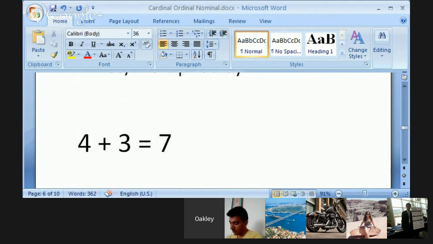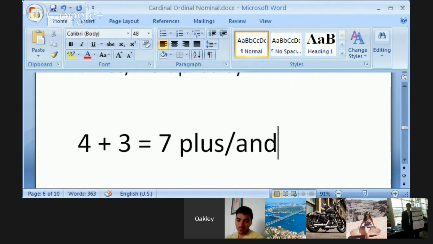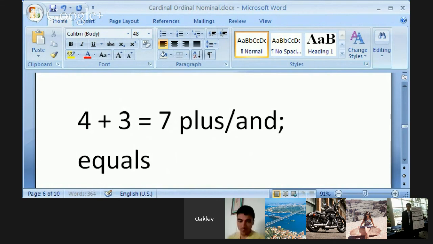So how about this next one? Carolina, how do I say this? 4 plus 3 equals 7. Okay. I can say plus, or is there another way I can say this? Sure. 4 and 3 added. And then I can say 4 and 3 equals. Oh yeah, okay.